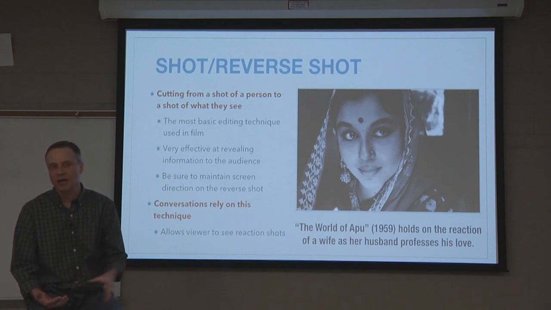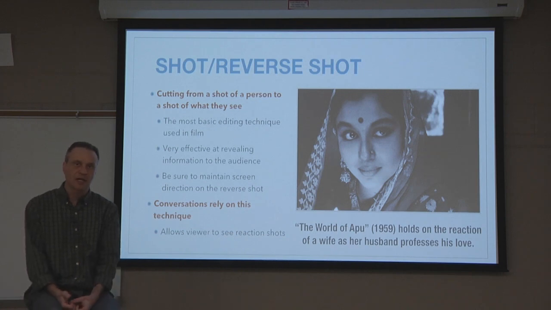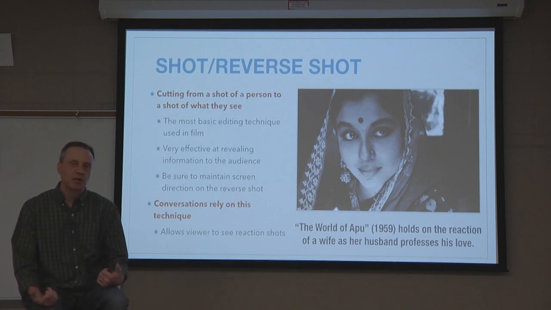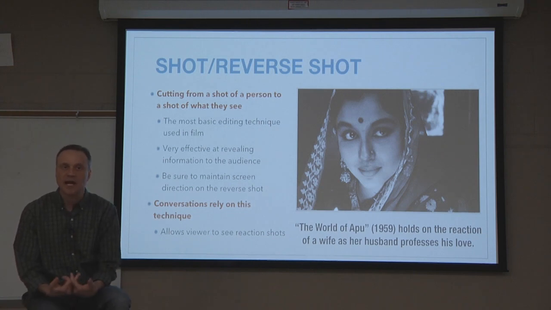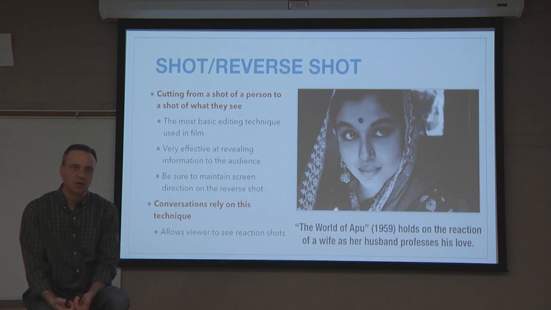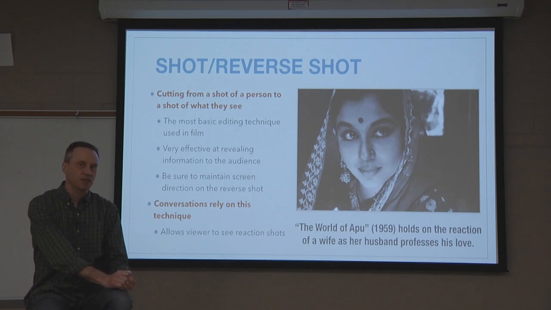We'll talk more about conversations and dialogue editing later when we talk about sound design. But just realize whenever we are editing conversations, avoid the temptation to always be showing the person who's speaking. Because probably in most cases, it's the reaction shot of the other person that's going to be more meaningful, and you're going to get more information out of that reaction.